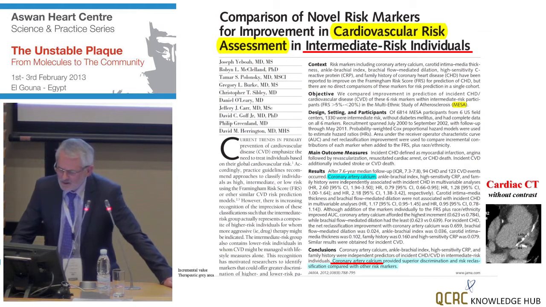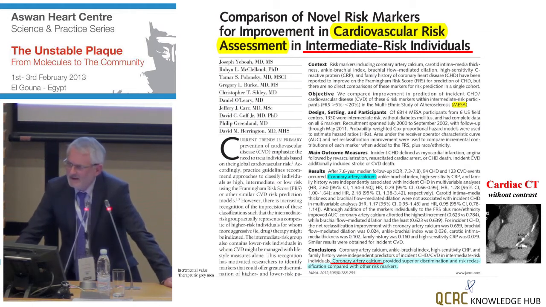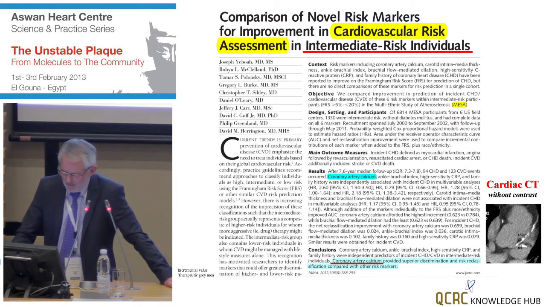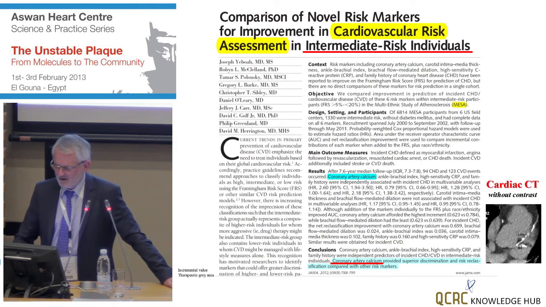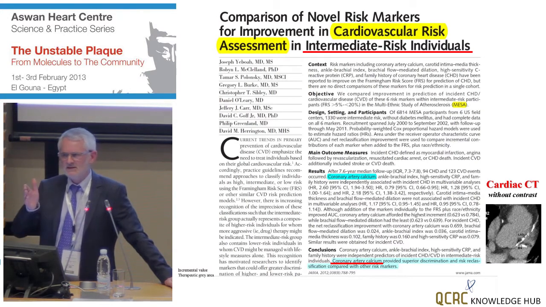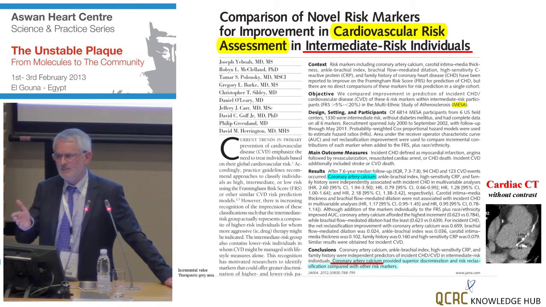And in this study, it was found that coronary calcium detected by CT provides superior discrimination and risk reclassification compared to other risk markers. It was a study from the MESA, and many other studies have shown that you can use CT to detect the amount of calcification to help you reclassify people in the gray area, the intermediate risk, where treatment is less well defined.